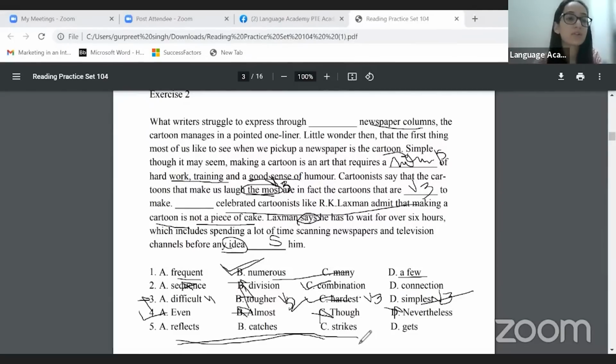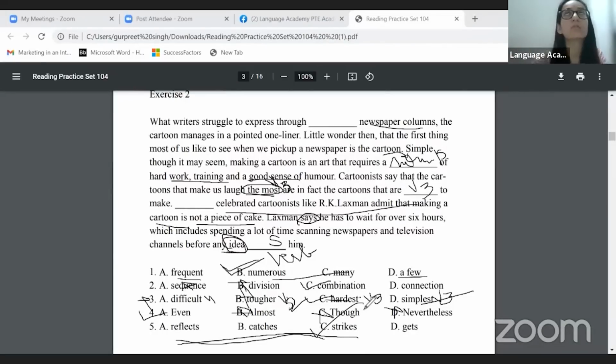That means the answer is based on context. Context means with the noun idea, what is the best verb which can go? Idea reflects him. Reflects means shows. Idea catches him. So idea cannot catch a human being. Idea strikes him. We use this word strike. I've got an idea. So got or get in the better academic word means strikes.